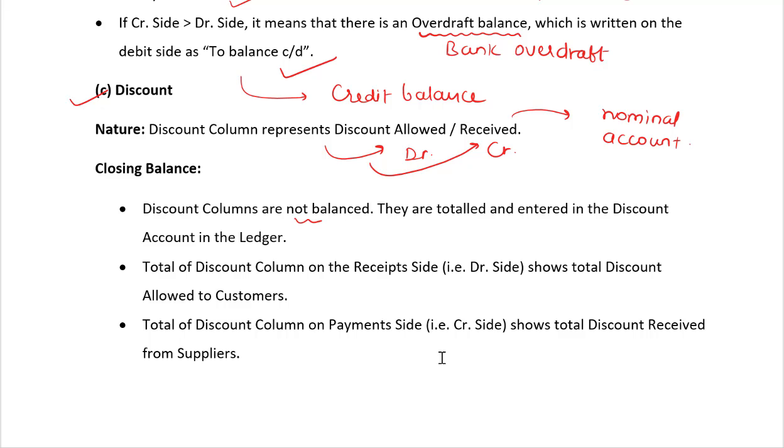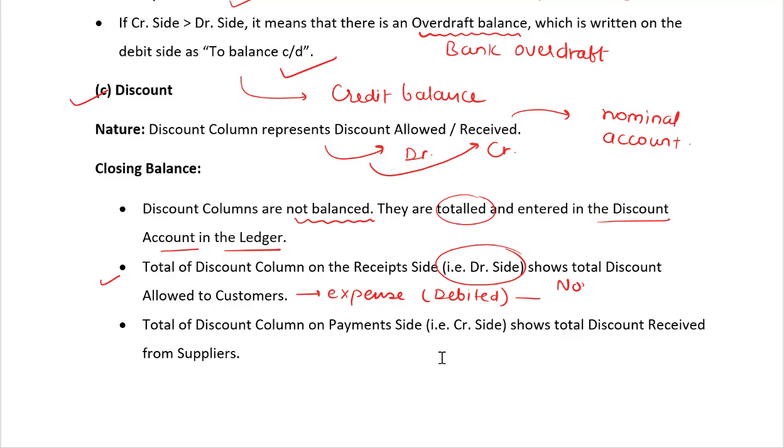Discount columns are not balanced. They are totaled and entered as the discount amount in the ledger. The total of the discount column on the receipt side, that is the debit side, shows what? Total discount allowed to customers. It will be treated as an expense and that is why it is debited. Nominal account rule.